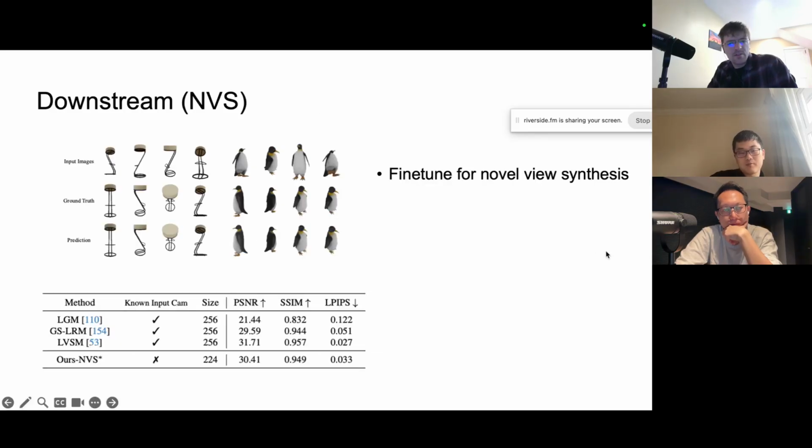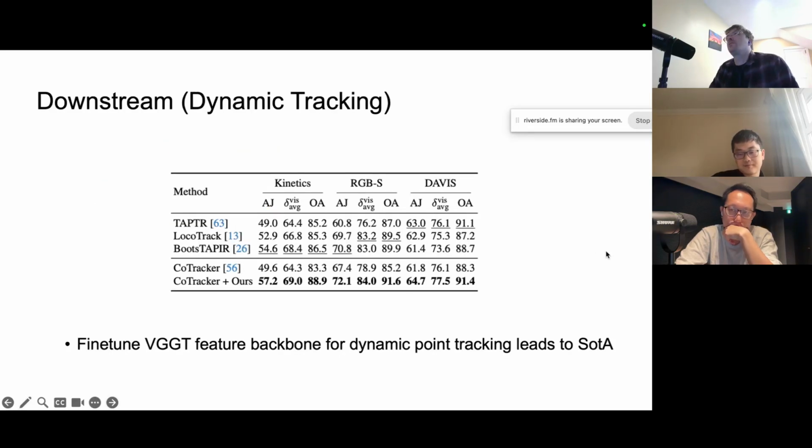So this is implying that you have in fact learned general purpose 3D features without structural priors that can be useful? Exactly.